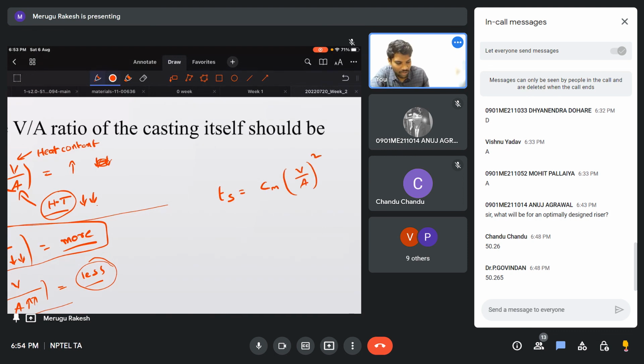Say I am taking it in minutes. The solidification time completely depends upon the volume by area of the casting. It's not only volume, also area. That ratio we have to take into consideration.